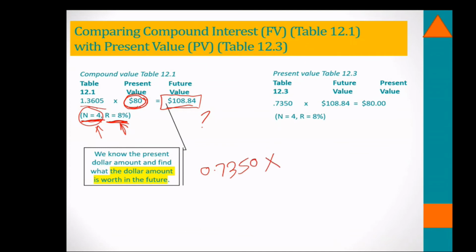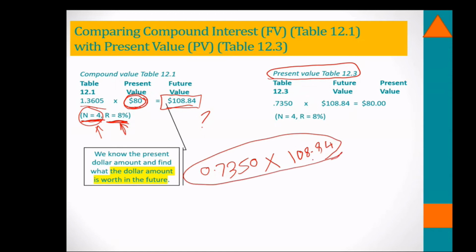Oh, sorry, here this is the present value I'm looking for. This $108.84, we multiply by 0.735, and I'll get $80. I'll get the present value.